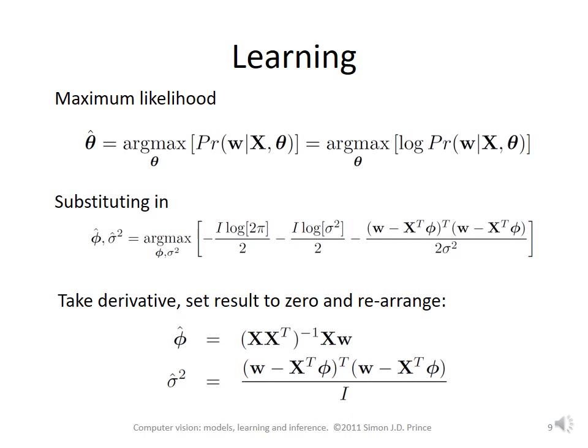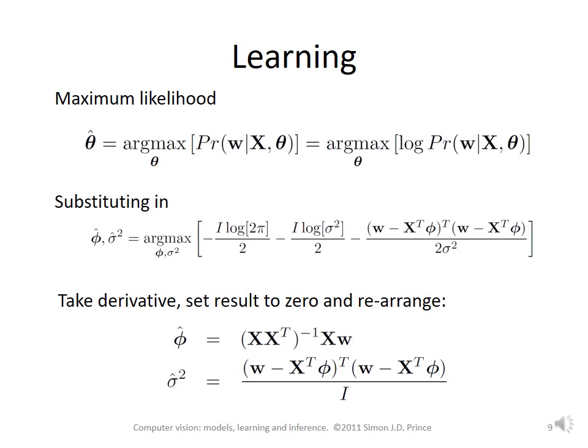Now, we can learn model parameters for theta in 3 different ways: maximum likelihood, maximum a posteriori, or the Bayesian approach. For now, we'll just start with the maximum likelihood version. So we just care about maximizing the probability of w given all of our measurement data and our model parameters.